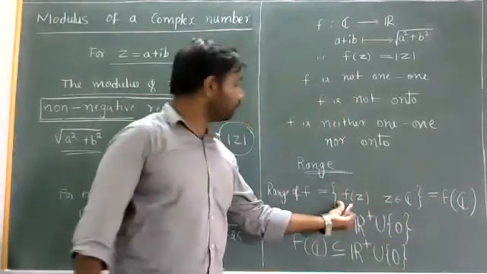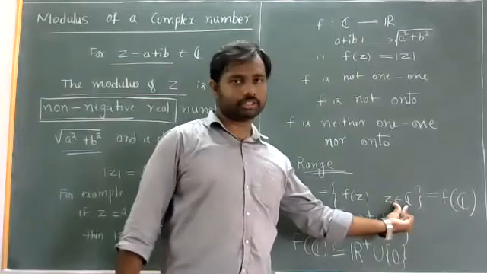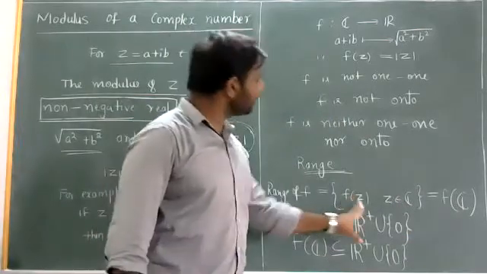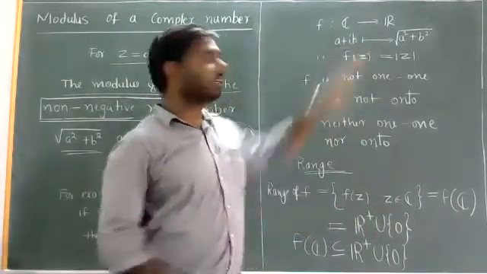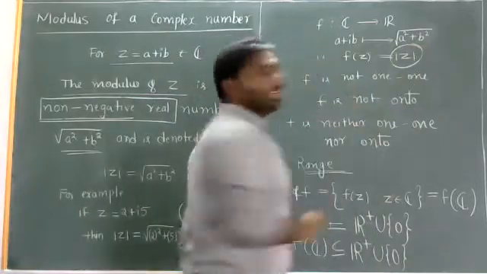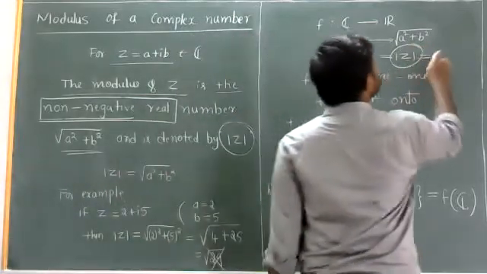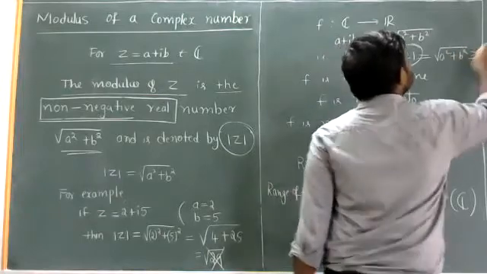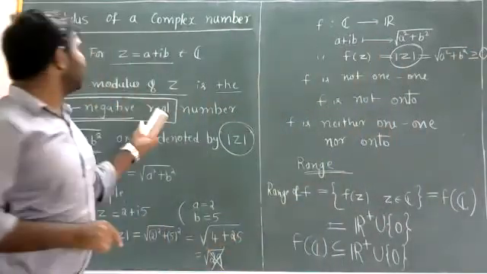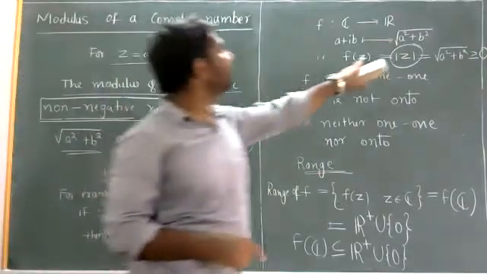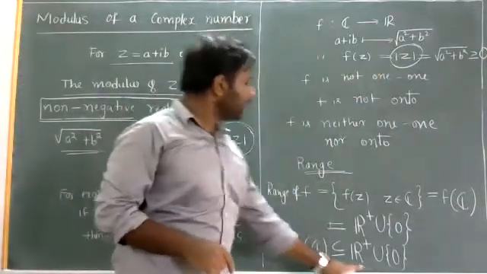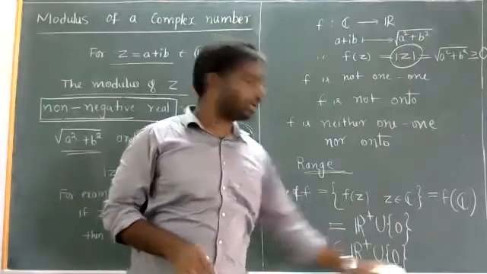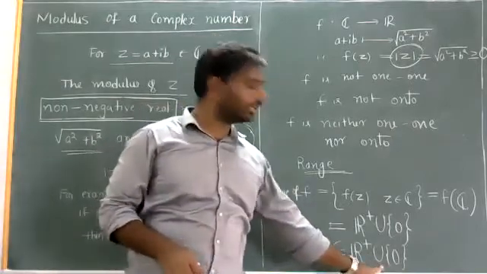It is the set of all images of elements of C. What is the image of any element in C? It is the modulus of z. And what is the modulus of z? It is the square root of a square plus b square. That means it is a non-negative real number. So for any complex number z, its image is a non-negative real number. Right? So this whole set will be contained in this.